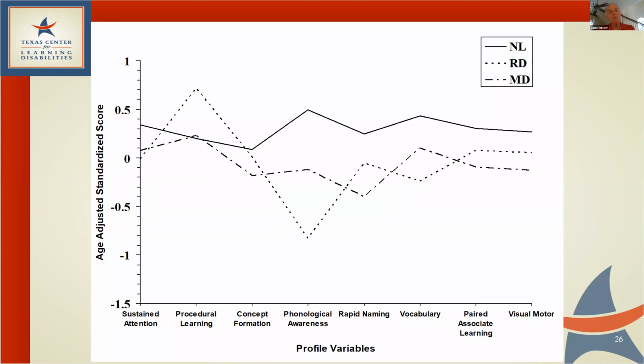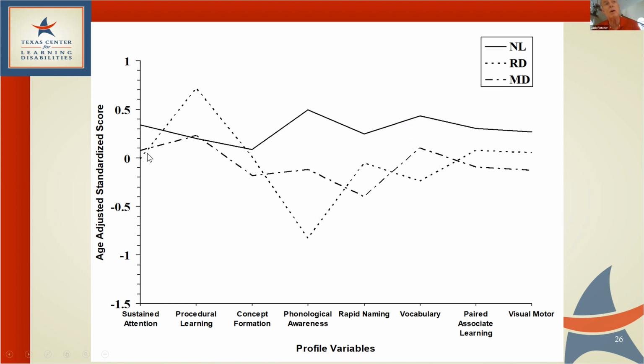And this simply shows differences in cognitive skills in kids that have dyslexia or reading disability, which is this group here, kids that have math disabilities, which is this group here, and kids who are typically achieving, which is this group here. What's interesting about these groups is that these kids are purely dyslexic.